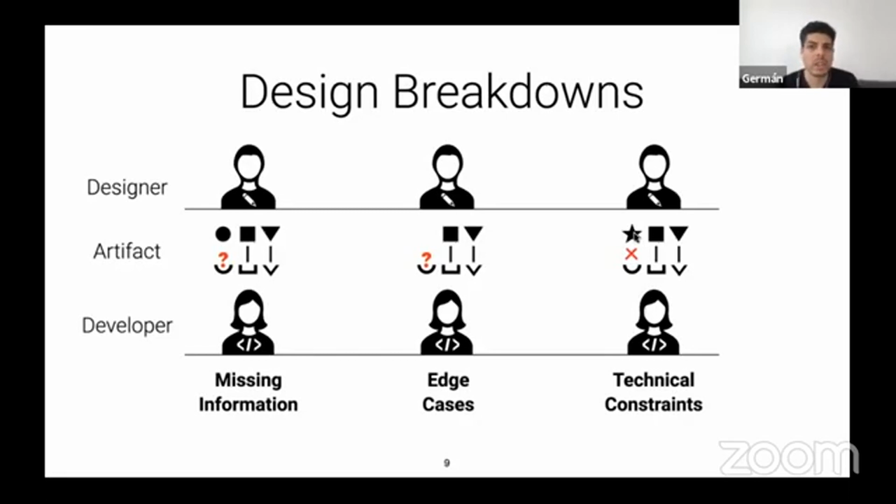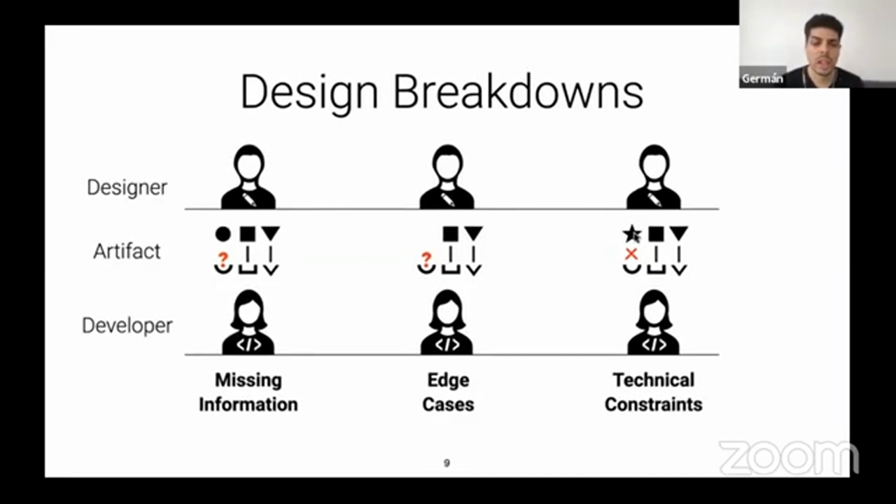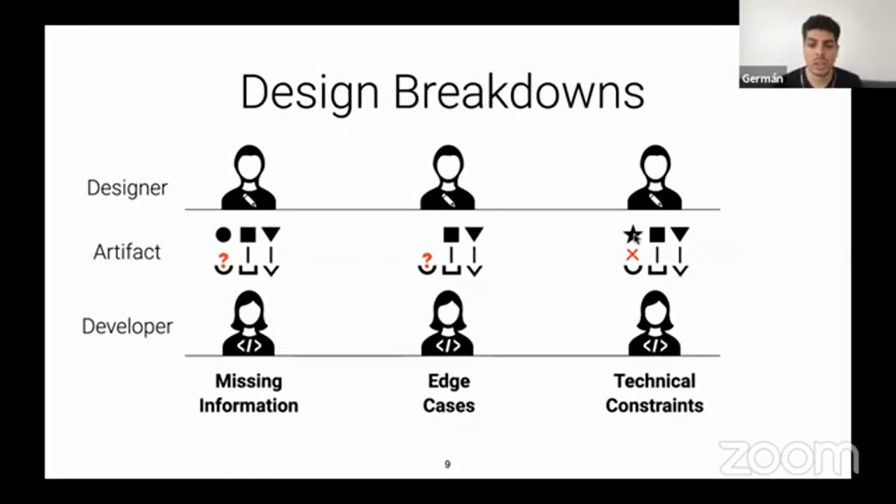In the center, another case is when the designer didn't consider a problematic case, but the developer needs that. That is called edge cases. And the final one is when the specification file and the implementation don't match. Due to time constraint, skill level, or some technical considerations, the developer cannot actually implement it. That's what we call technical constraints.